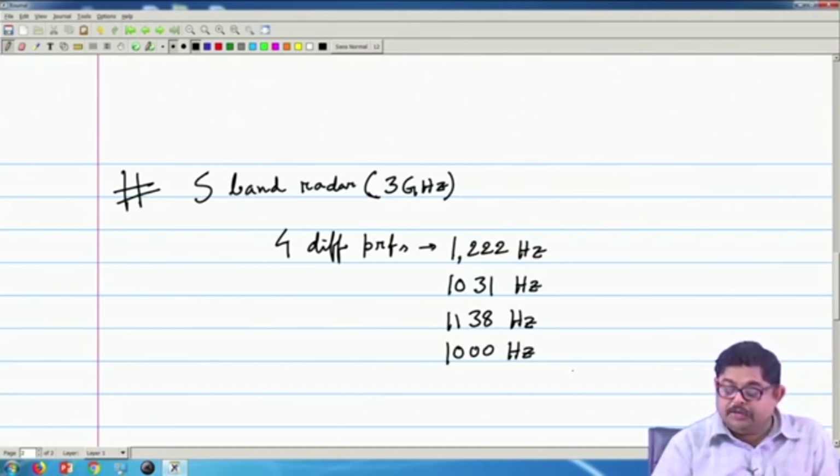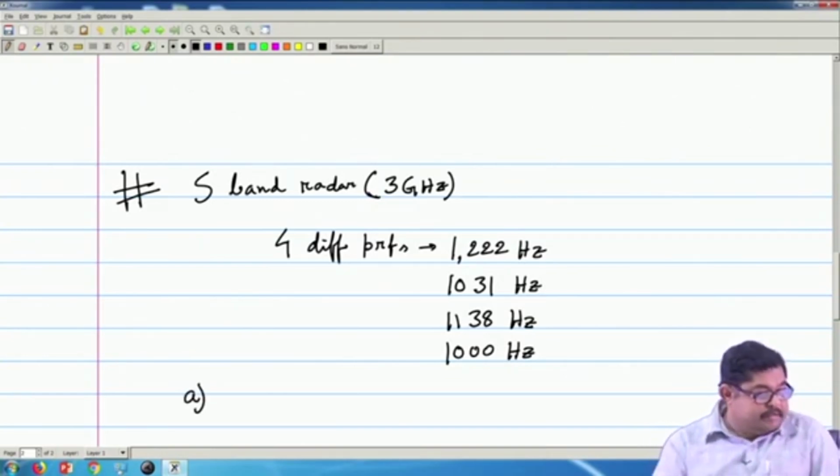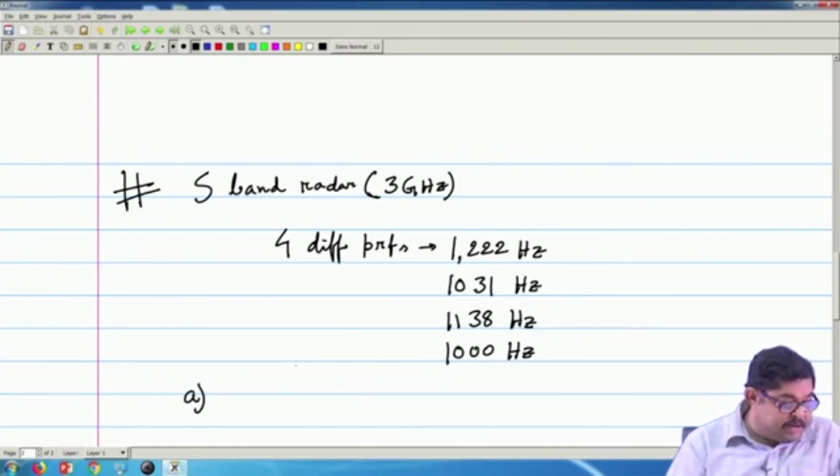So, let us calculate. The first part is to calculate the first blind speed of this radar. So, for this staggered radar, what will be the first blind speed?